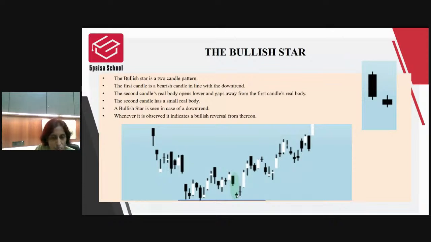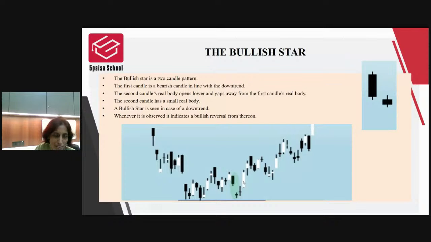The highest price is also higher than the previous day's candle, and the lowest price is also higher. So it is very certain that the prices are going to go upwards, and thereby you see a trend reversal.